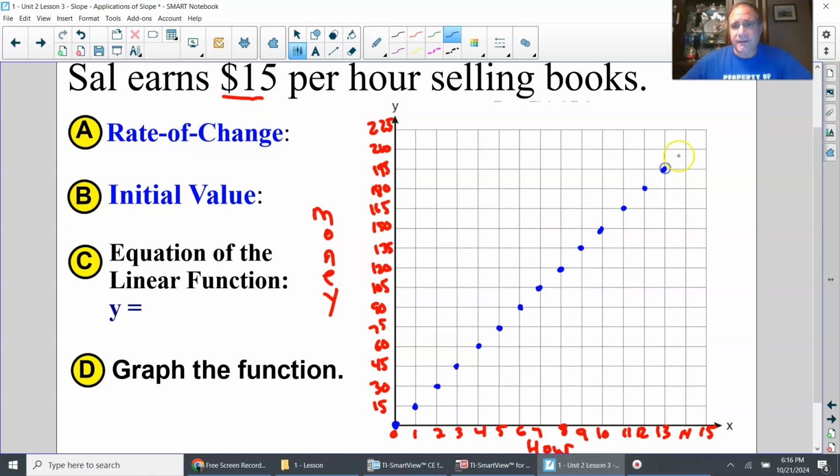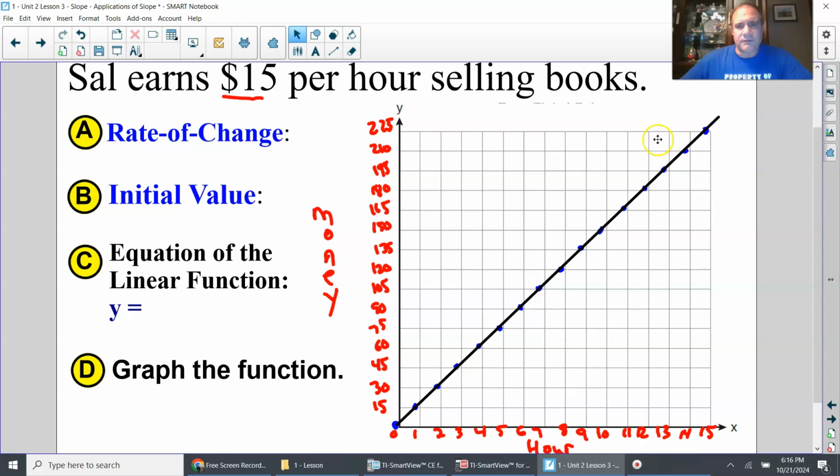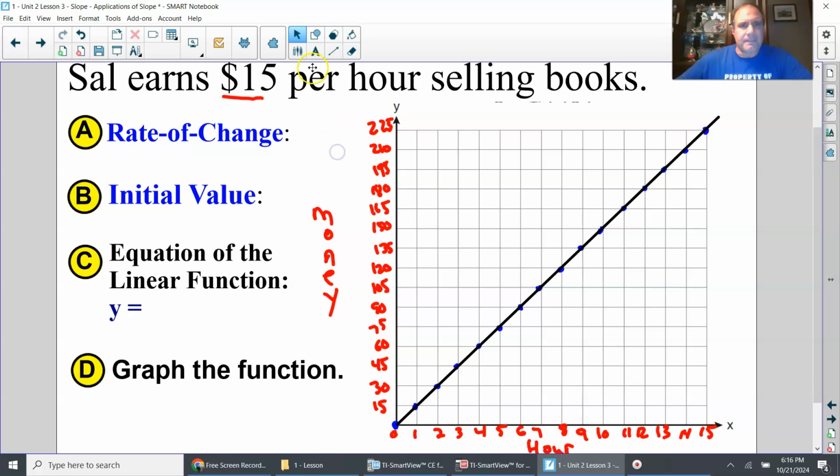This is a direct variation because he makes $0 at 0 hours. You connect those points. They are very straight. This is a constant rate. I'm just moving this over, and I'm going to put an arrow on the end and put y equals 15x, and that is the equation.